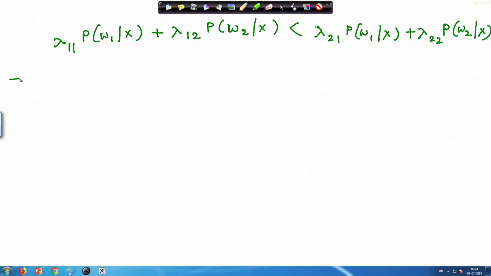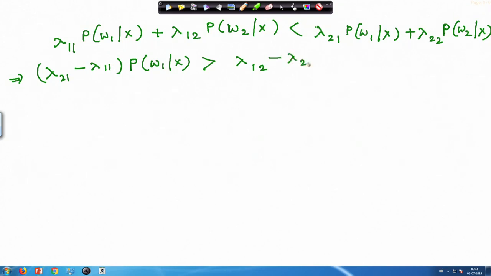Which we have rewritten in the form (lambda 2 1 minus lambda 1 1) p of omega 1 given x has to be greater than (lambda 1 2 minus lambda 2 2) into p of omega 2 given x. So, this is the condition that has to be satisfied for taking a decision in favor of class omega 1, or for taking action alpha 1.